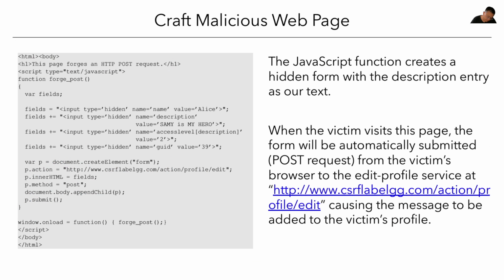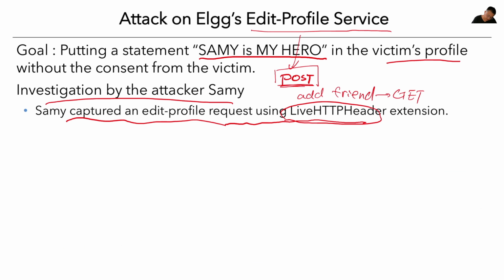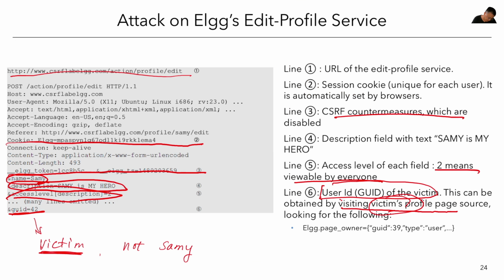So here is the way to craft this malicious web page. We have HTTP header here. Then we have this function called forge post. It's very much similar to the one we talk about in this page. Okay.